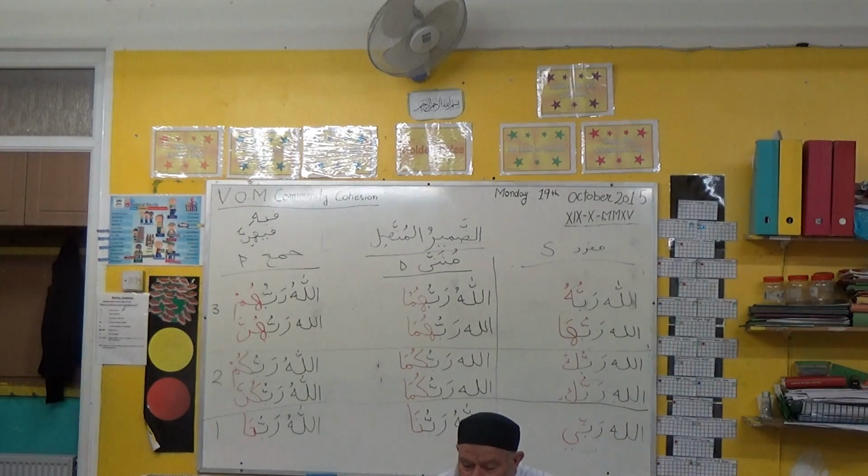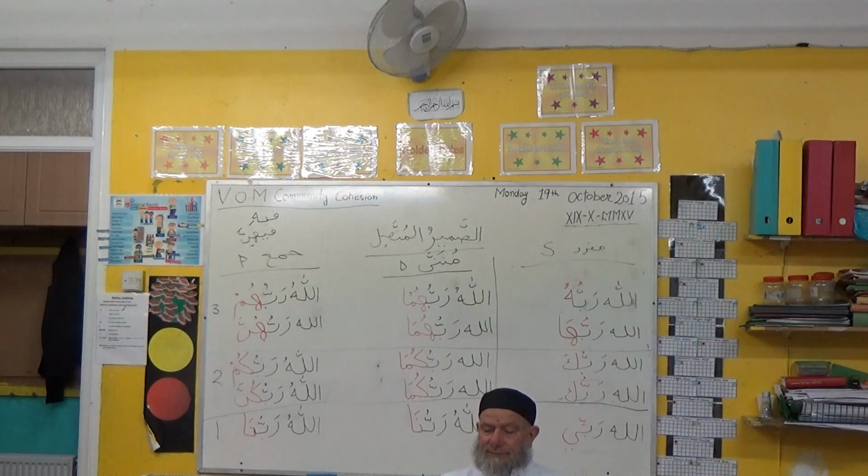Number 4: هو في بيتها. He was in her house. So where is the pronoun?